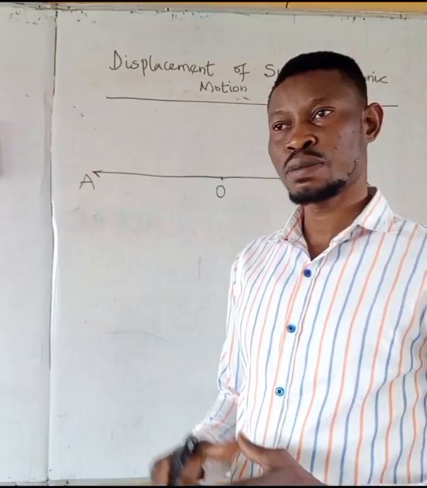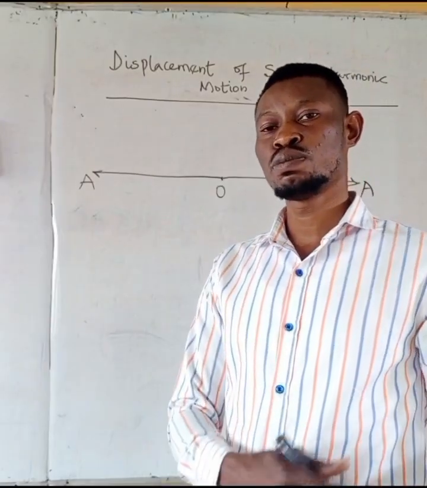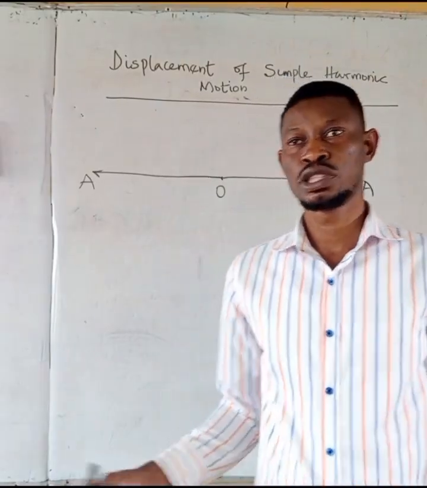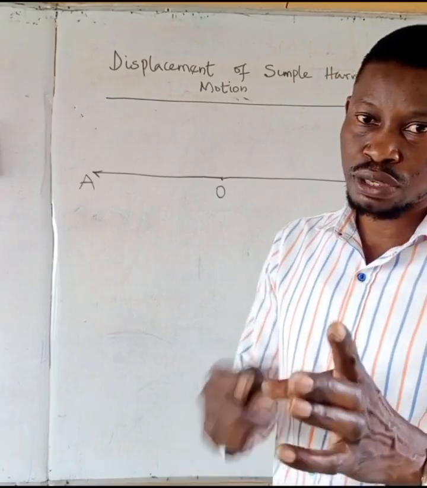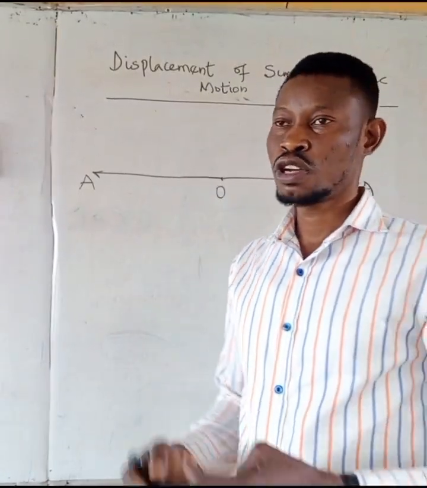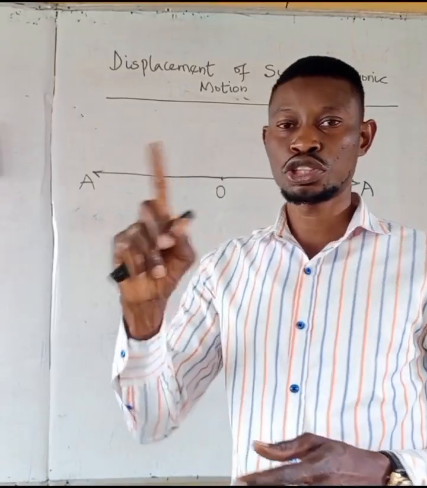Another motion that is also simple harmonic is a swinging pendulum ball. There are many other types like the physical pendulum, which we also call the compound pendulum. We also have another example like the torsional pendulum.